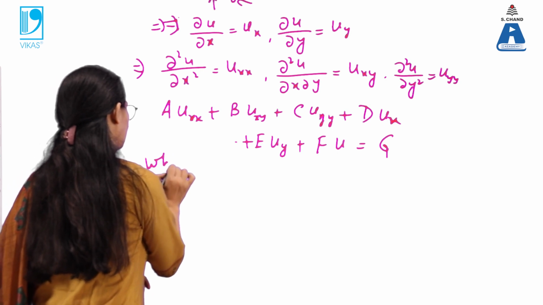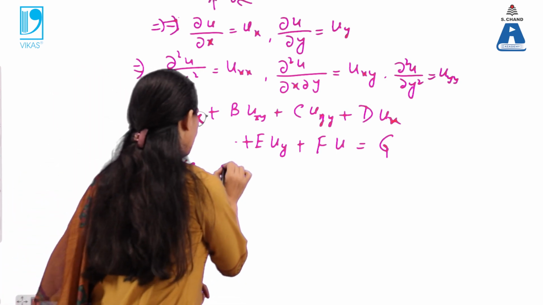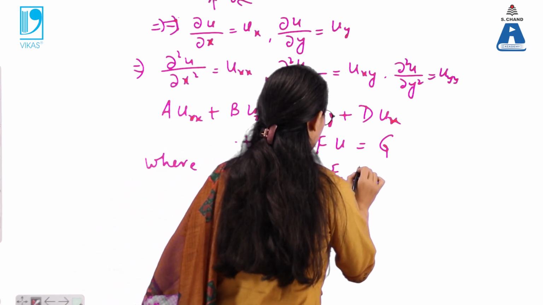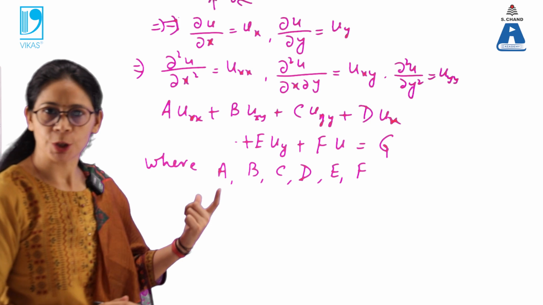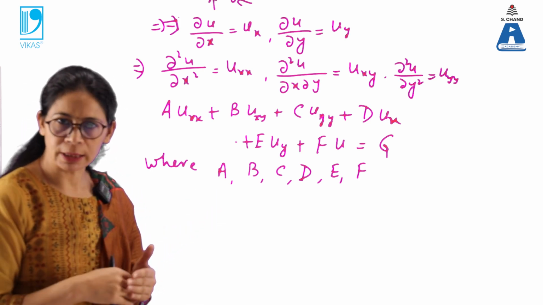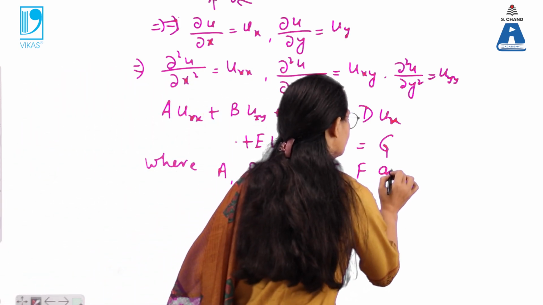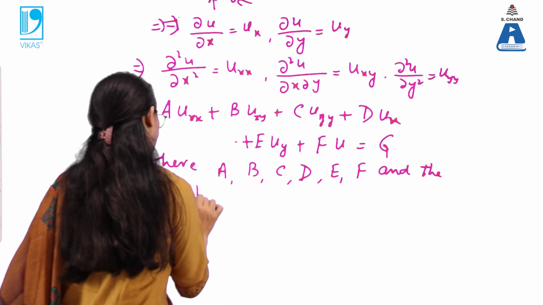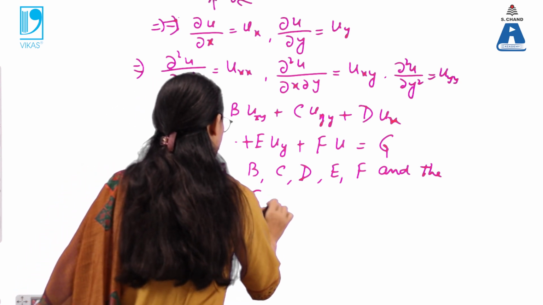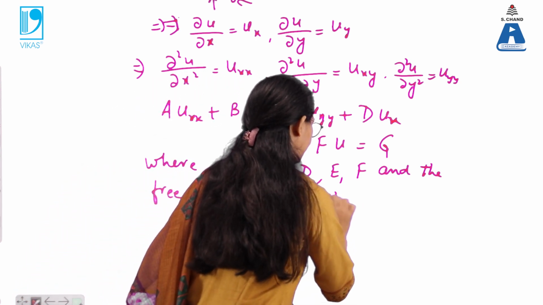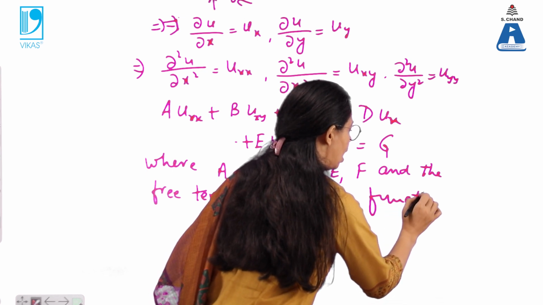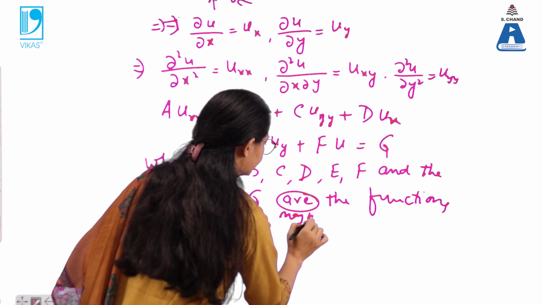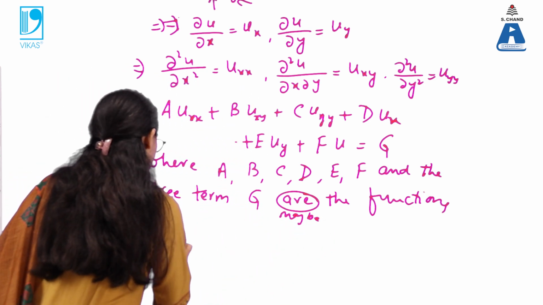where the coefficients a, b, c, d, e, f are the coefficients of the unknown function and its derivatives, and the free term g. The coefficients and the free term g may be functions of the independent variables.